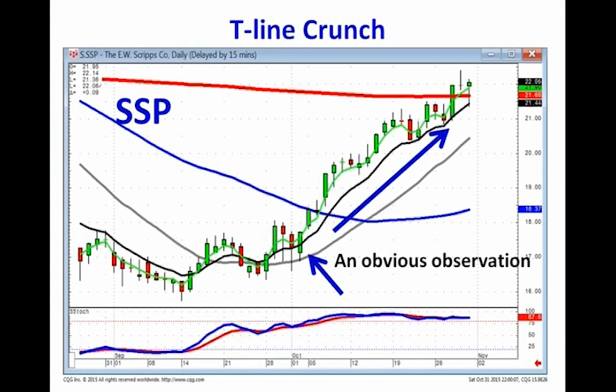So the fact that you might be way above the T-line is your first alert to start watching for a reversal signal, because we know that the further away you move from the T-line, the higher the probability it's going to come back down and test it. So if we're way above the T-line and we see a sell signal, we can get ready to start taking profits.